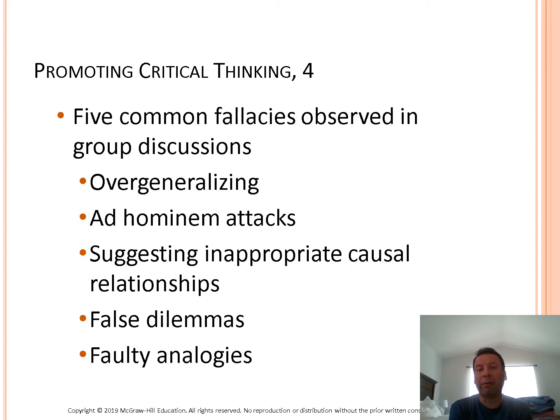So the five common fallacies observed in group discussions are called overgeneralization, ad hominem, suggesting inappropriate causal relationships, false dilemmas, and faulty analogies, right? Each and every one of these is unique unto its own. I'm not going to explain every single one because I think it's important that you go in there and learn what they are.